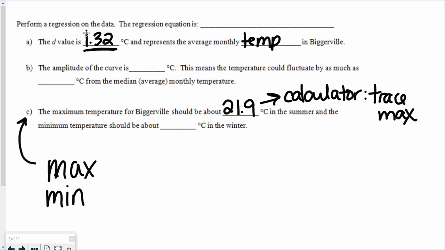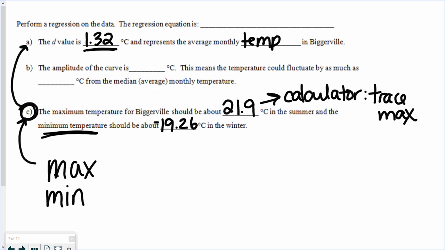And the minimum temperature, same idea, you're going to second trace your minimum now. You get negative 19.26 degrees in the winter. So that's where I actually got the value for A. I guess you needed to do question C before you did question A.